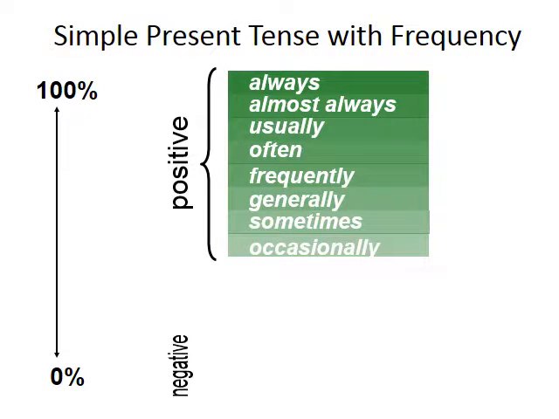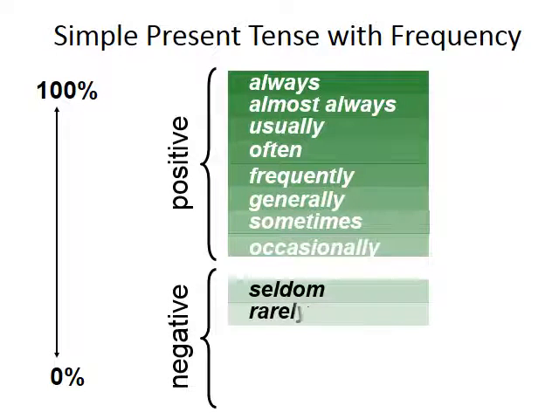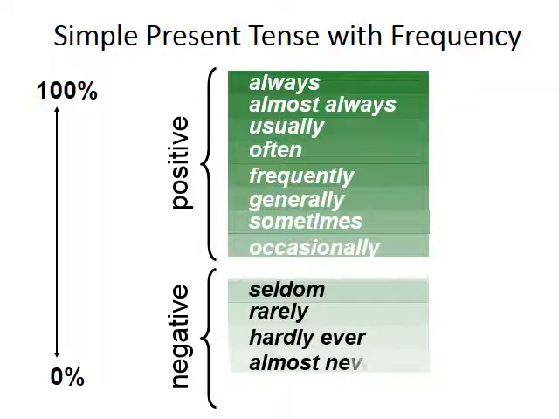Then we have a group of words that we would say are negative, meaning less than 50%, or not most of the time. At the very bottom we have not ever and never, meaning 0%, and seldom, meaning less than 50% of the time. But the important thing is where we put them in a sentence when we're writing with them.